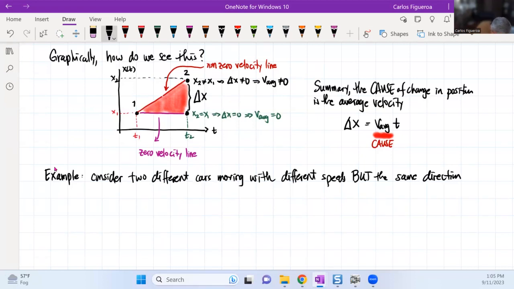So let's draw them this way. Let's say that I have this car, and I'll make this my red car. This one is going to be moving at a slower speed. And then I'm going to have a green car, which is going to be moving faster.